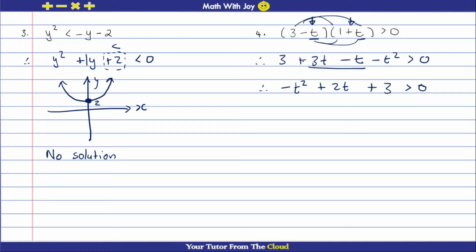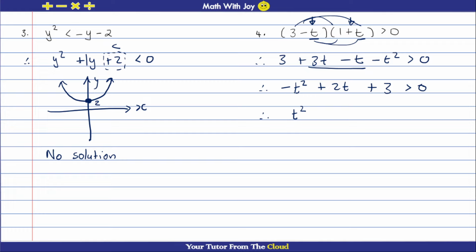So I couldn't conclude from this factorization that they gave me. I had to multiply it out so that I can make sure that the t squared over here is positive. So we're working with an a value of positive so that we always draw a smiling graph. So you're going to say this is t squared. So we're dividing by negative every term, or you can say change the sign of every term.